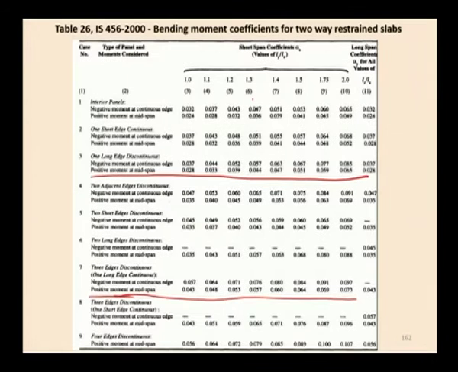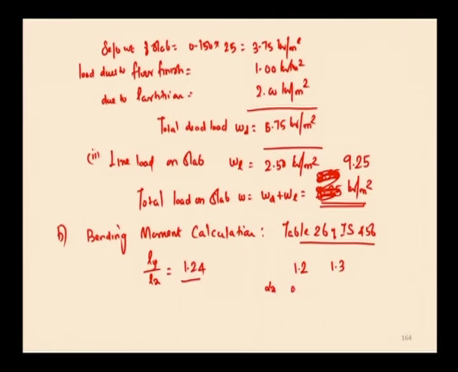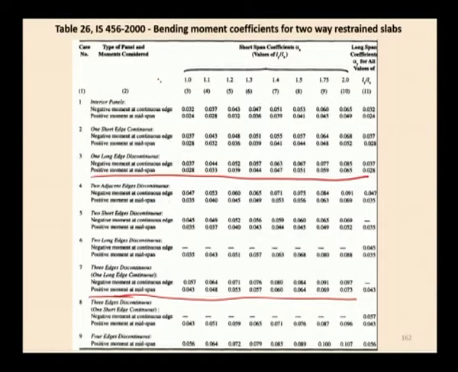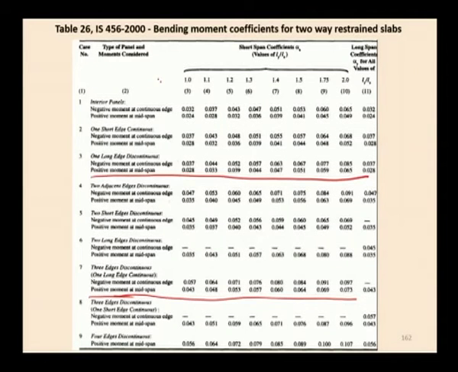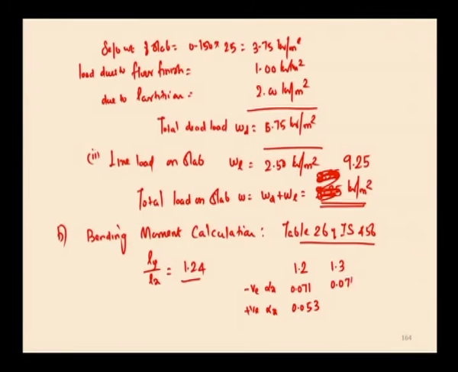Alpha x for 1.2, negative moment coefficient is 0.071, and positive moment coefficient is 0.053, and for 1.3 it is 0.076 and 0.057.